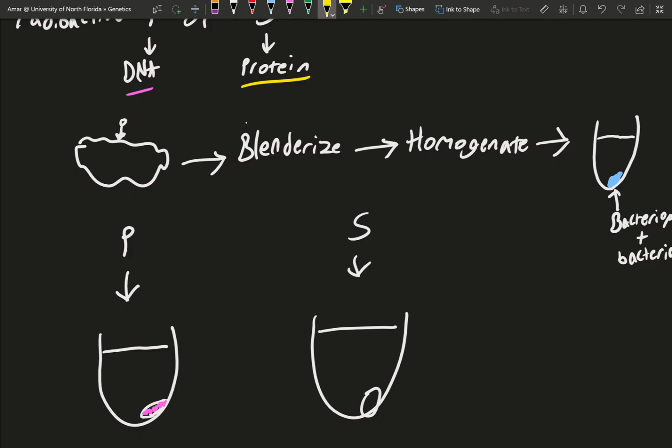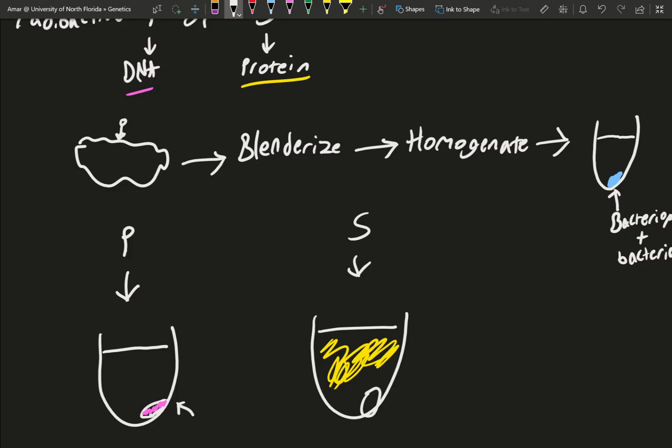We ended up seeing the sulfur located in the supernatant. So because of this, you can make the conclusion that the bacteriophages are inserting their genetic information as DNA into the bacteria, and then that DNA is causing the transformation of the bacteria to produce more viral particles.